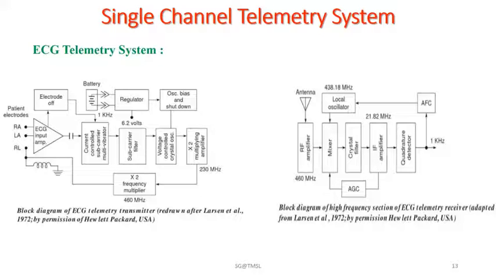Under the receiver system, a high frequency unit is there, a demodulator must be there, and an electrocardiograph or cardioscope, magnetic tape recorder, and heart rate monitor will be used in the receiving section.